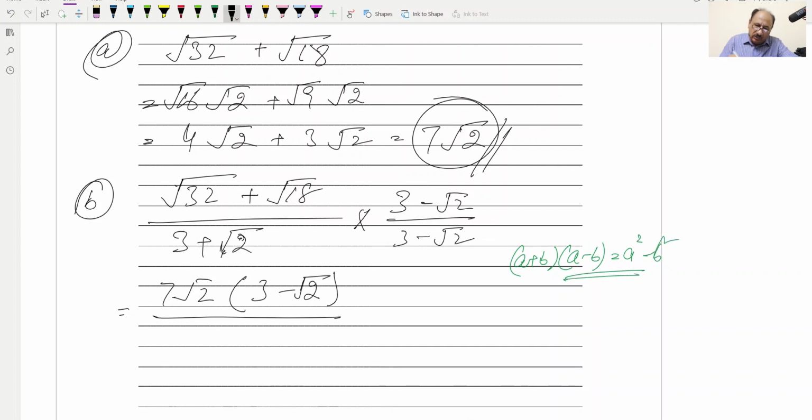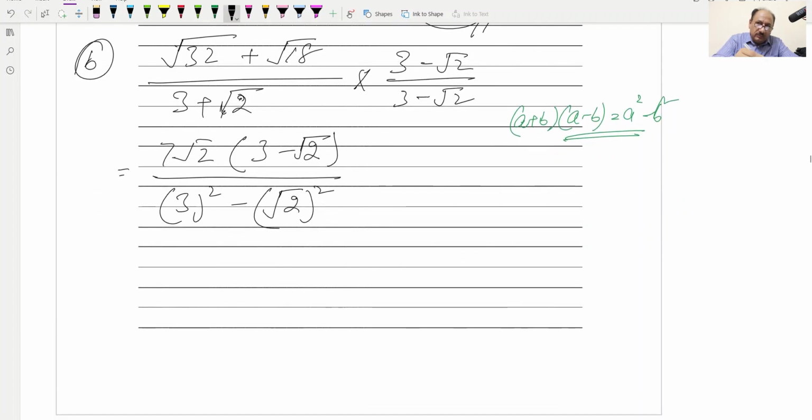And by this formula we can write the denominator as 3 squared minus under root 2 squared, and further we can solve this one. This will be 7 multiplied by 3 will be 21 under root 2, and 7 under root 2 multiplied by under root 2 will be minus 7 under root 2 squared, and the denominator will be 3 minus, not 3, 9 minus 2, which is 7.